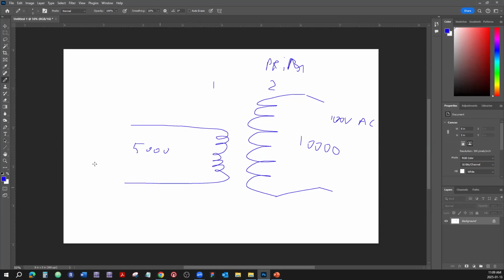You're going to have across these two terminals 50 volts AC. So the ratio of the windings determines the ratio of the voltages.